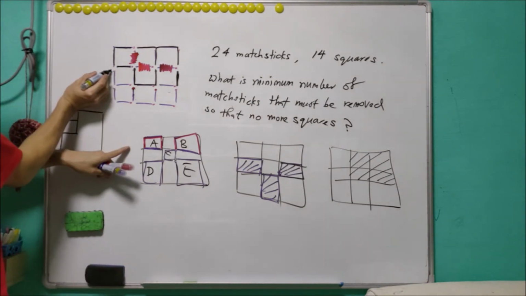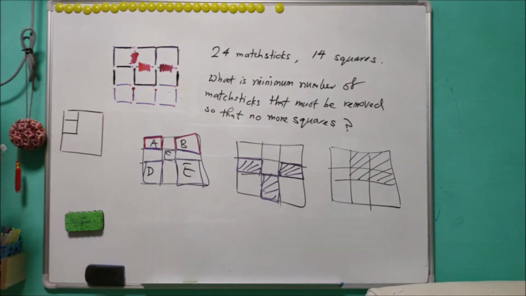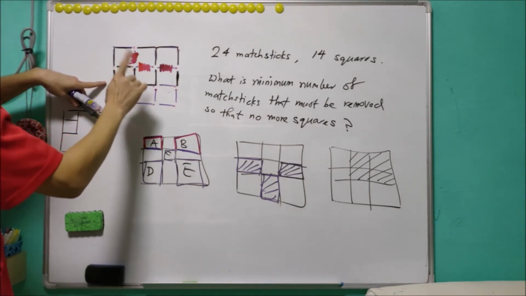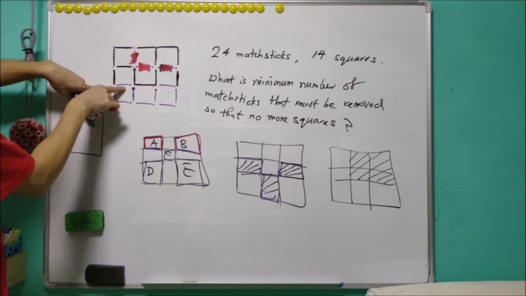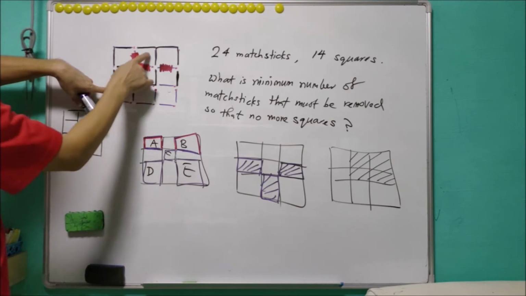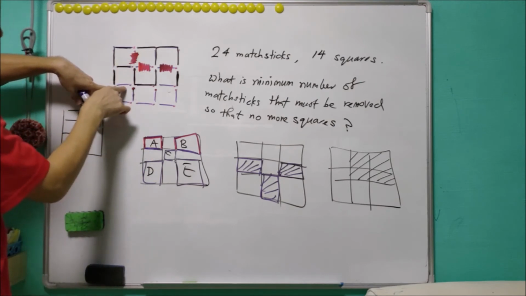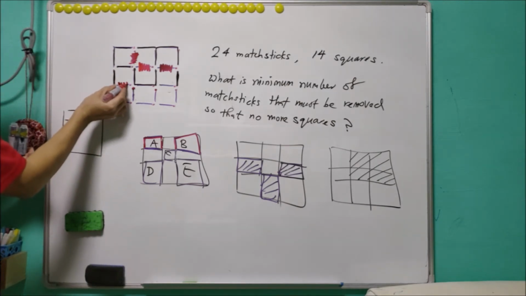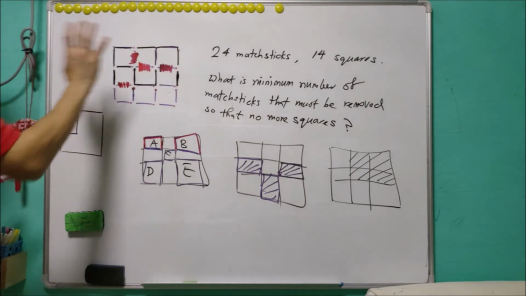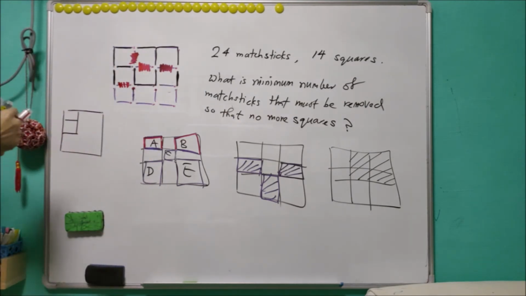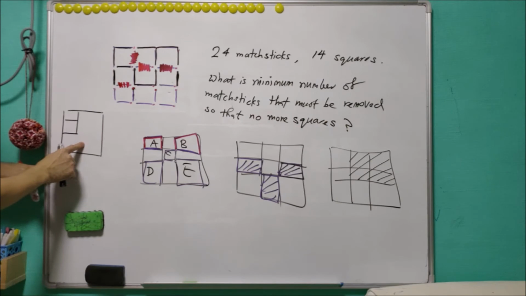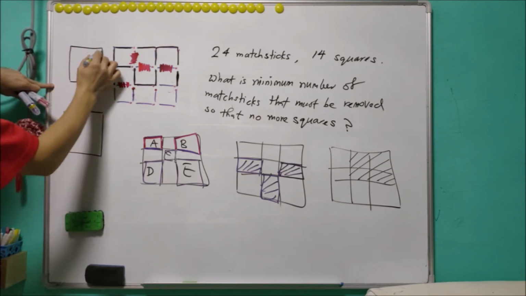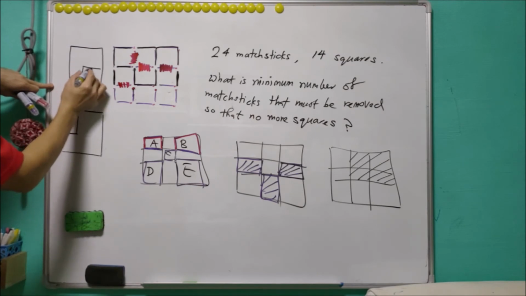Initially, this is untouched. Now we will see that there will be a 2 by 2 square if we do not remove this matchstick from D. So to avoid the 2 by 2 square remaining, we have no choice but to remove this matchstick from D. So far we have removed 4 matchsticks, and what we have here is quite similar to the previous case, but the figure turned out to be something like this.